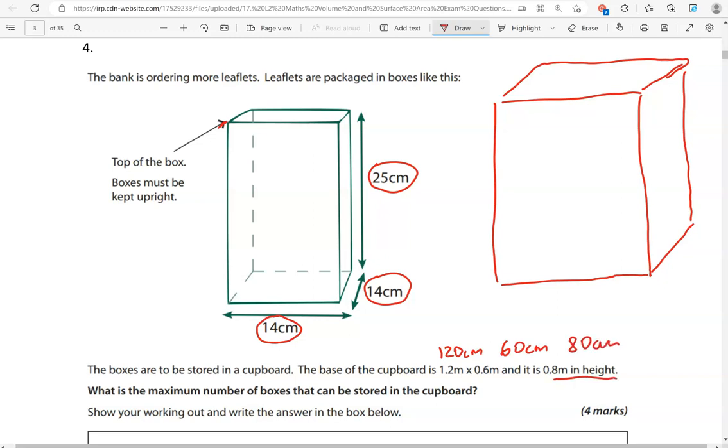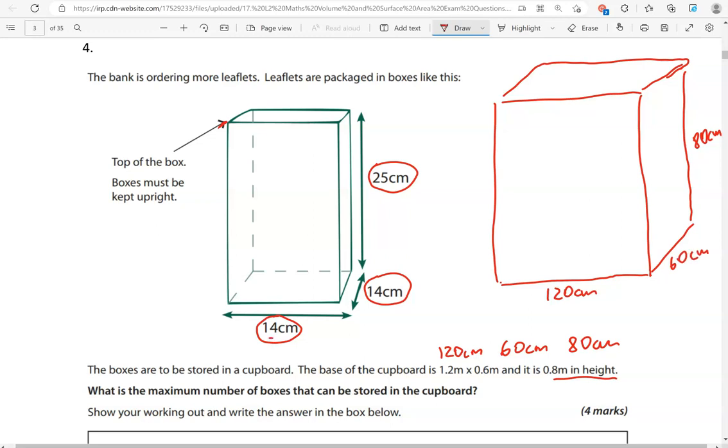That is the height, 80 centimeters, and we've got the length here, 120 centimeters, and the width, 60 centimeters.